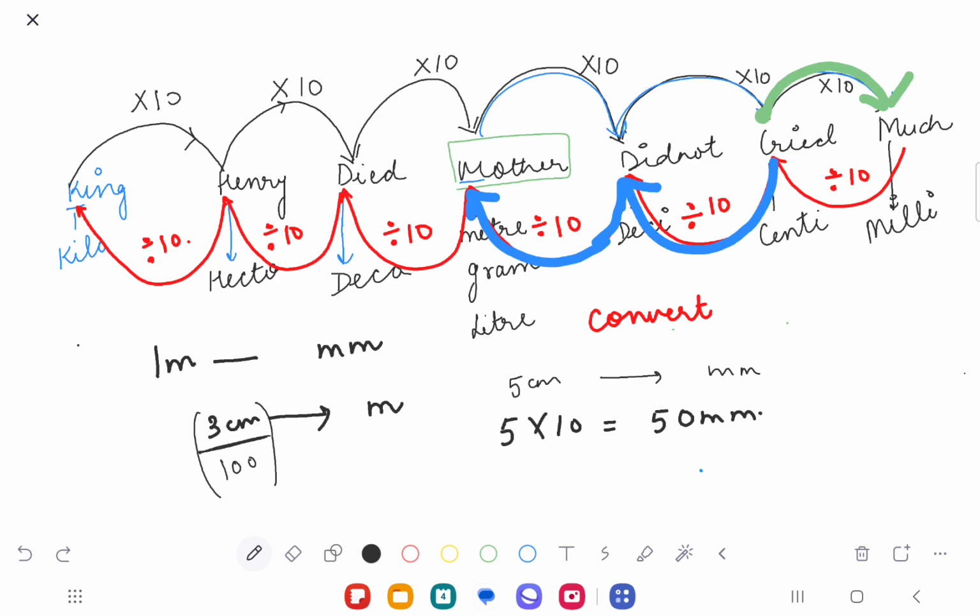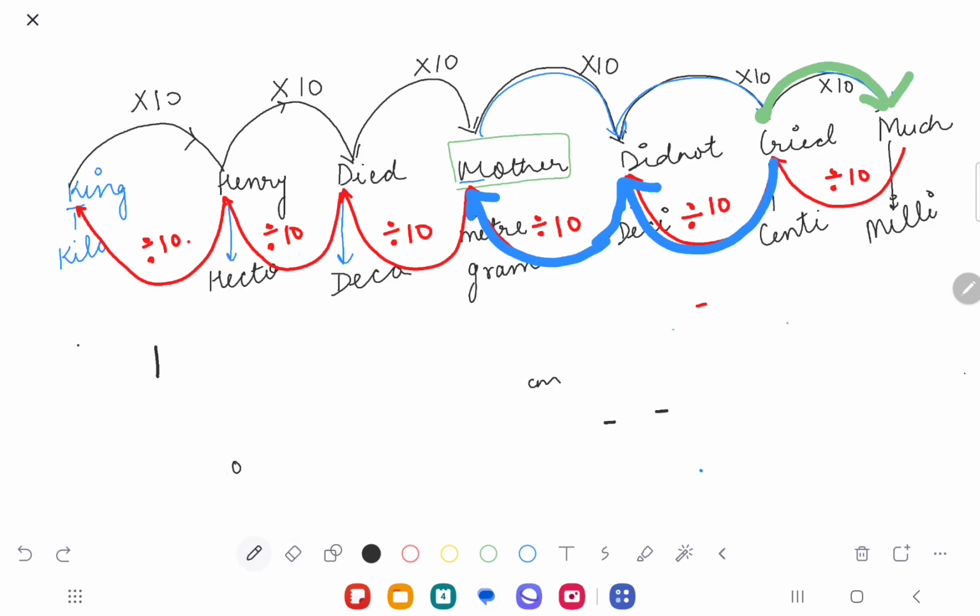Very simple part. Easy. So, for example, if I ask you to convert, let's suppose this: 65 decimeter. Decimeter is small dm.